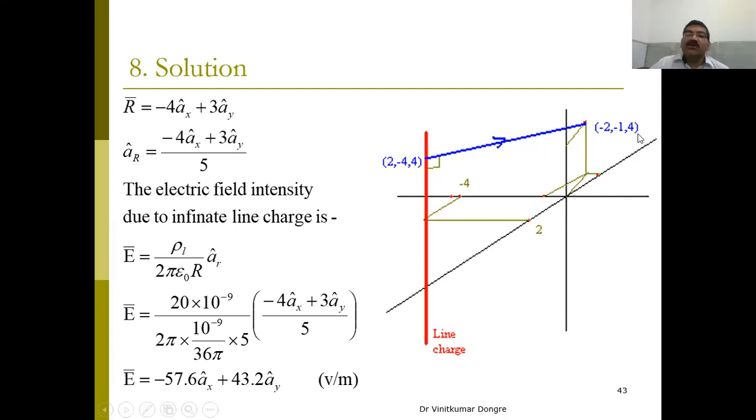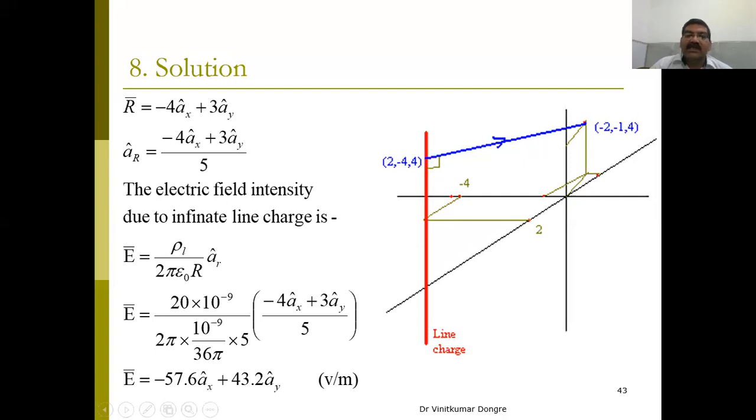So simply copy this z value as 4. So same thing is here. You got the point here and the point here, so you can calculate the vector and, using the formula, you can solve it. The only thing is to draw the diagram and understand the concept.